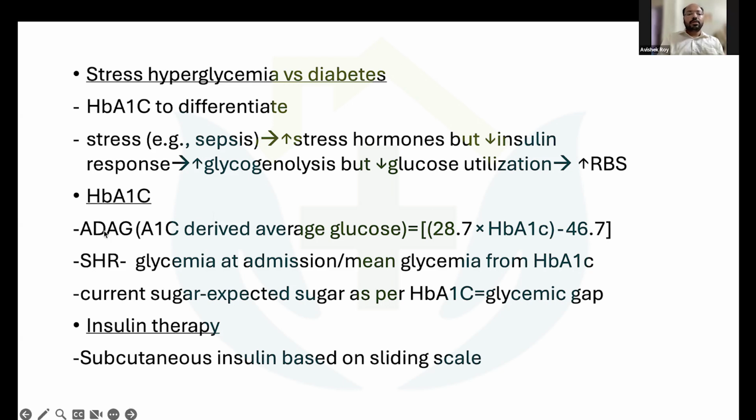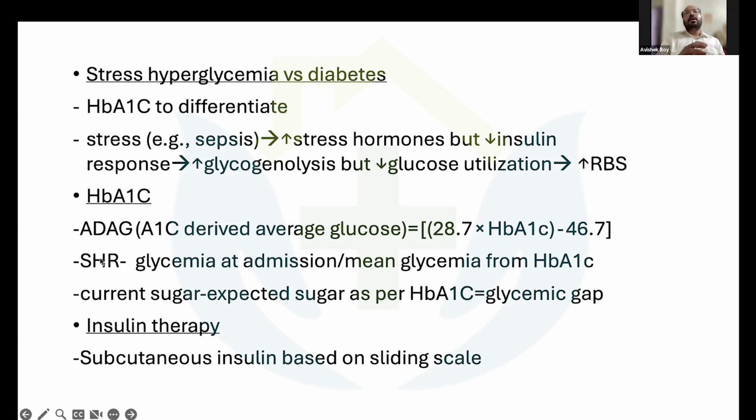There is this formula, ADAG, HbA1c derived average glucose. You don't have to mug up this formula, I put it there just for the sake of information. If you substitute into this, you'll get an idea of what the target sugar level should be in this patient. If your sugar levels are below or above that, that means either a relative hypoglycemia or a relative hyperglycemia or the stress hyperglycemia that I just spoke about.